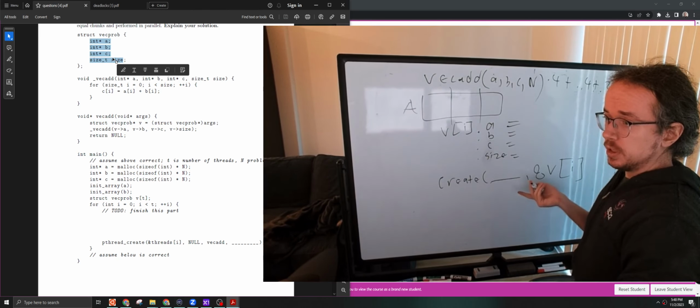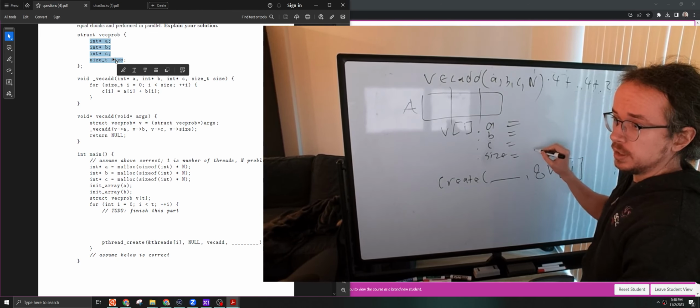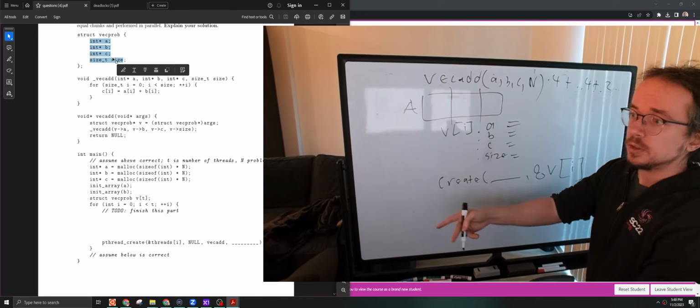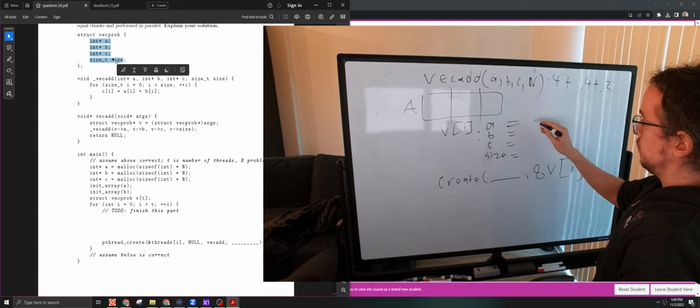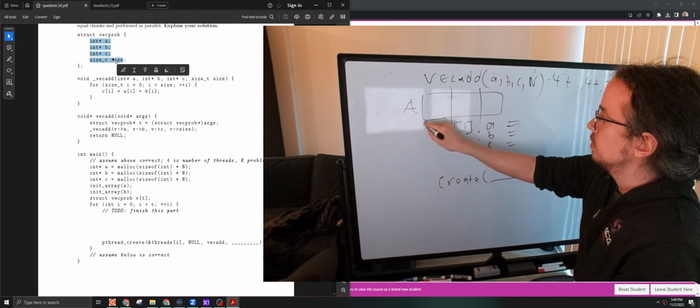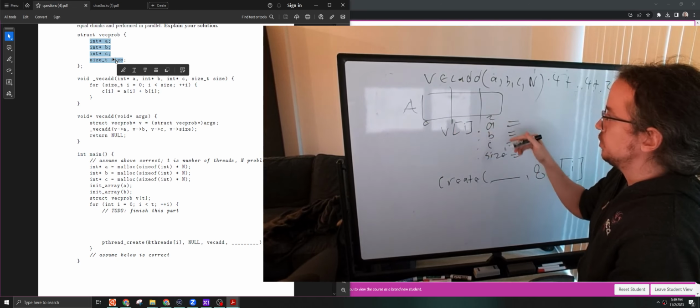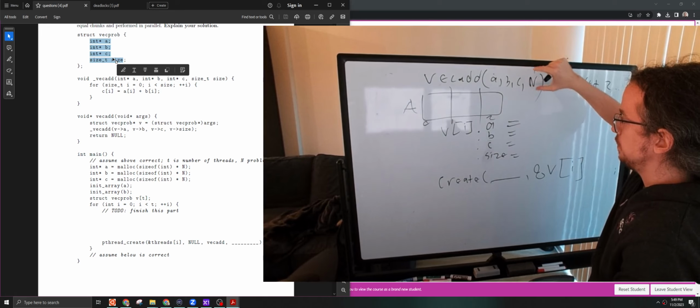If we were going to do this sequentially, then it would just be A, B, C, and N. But we don't want to do it sequentially. We want to break it up across T. And as we've discussed, that just means we want to offset each chunk of the array and have each thread give a chunk of that to vecadd.